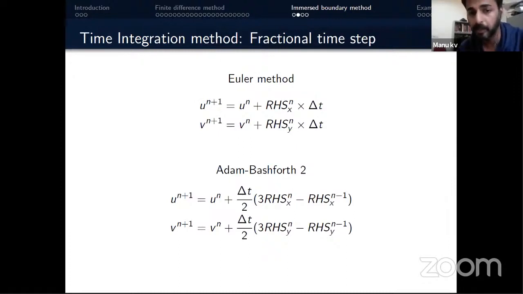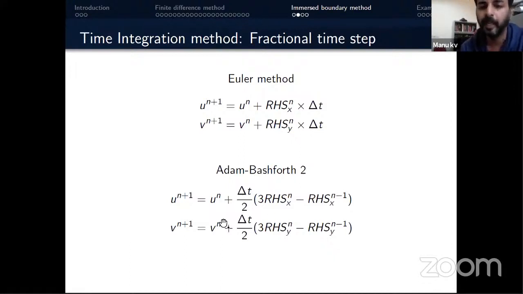So this is the Euler scheme or Euler method, and we can calculate the velocity components in the x and y direction by this advancement. Now suppose we want a more accurate time advancement scheme. There are a lot of schemes available, like the Runge-Kutta method or Adams-Bashforth schemes.